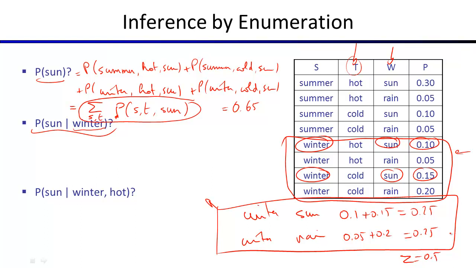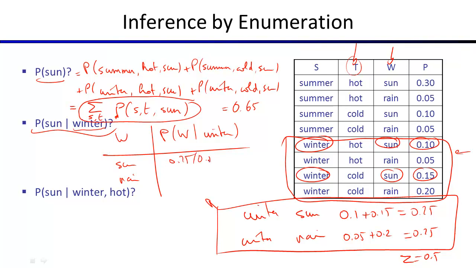After renormalization, we would get the table for weather given winter, which would look like this. Sun, rain, and we'd have 0.25 divided by 0.5, which is 0.5, and also 0.25 divided by 0.5, which is 0.5.